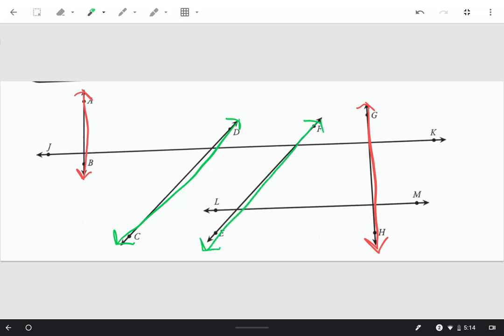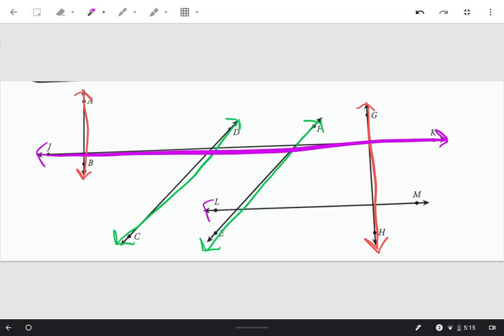And both of those lines are going exactly in the same direction. And if I extended those lines and they went on and on forever, they would never cross paths. And then I see line JK right here and line LM. So those are also parallel lines within this diagram.